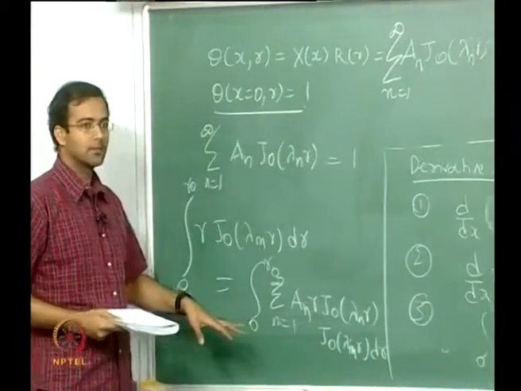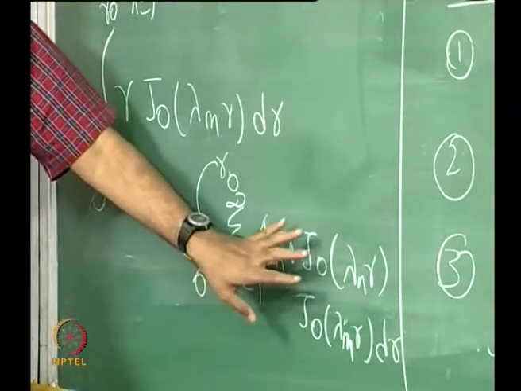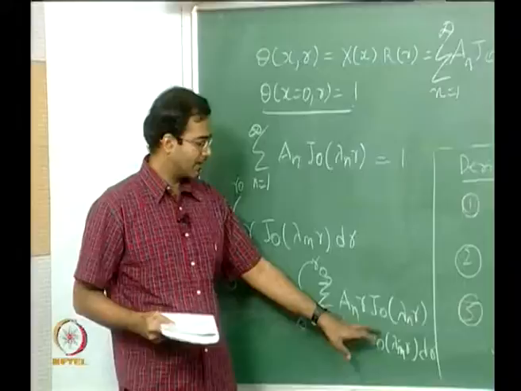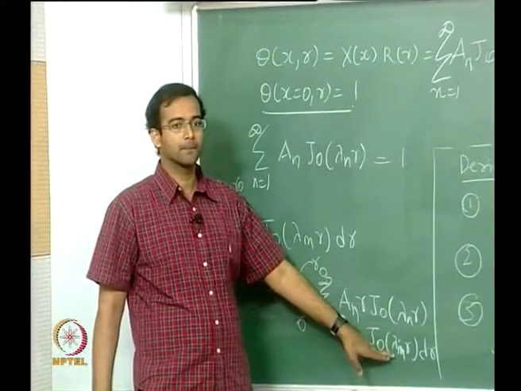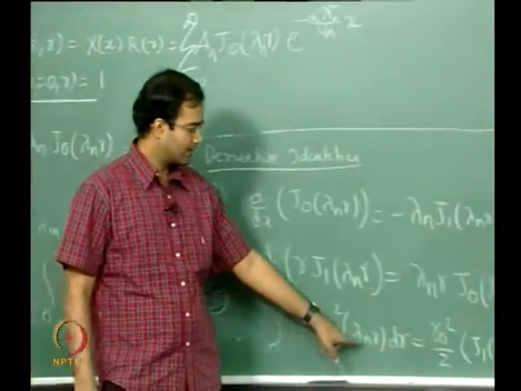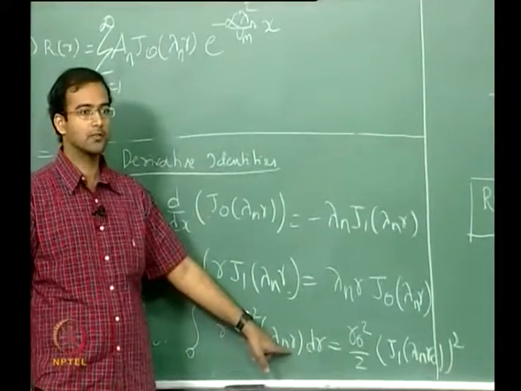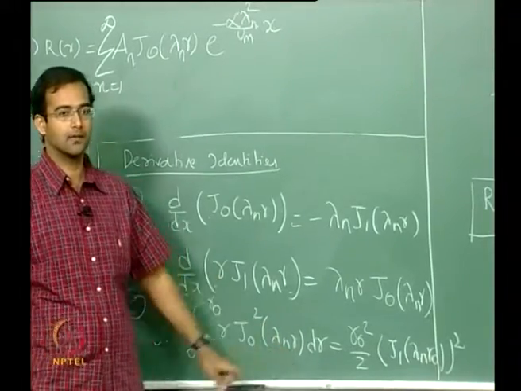okay. So now of course it has to satisfy the orthogonality condition here, therefore for any values of m which is not equal to n, this will be 0, and this will be equal to r J naught lambda n r the whole square dr for m equal to n. So only there it will be a non-trivial solution.